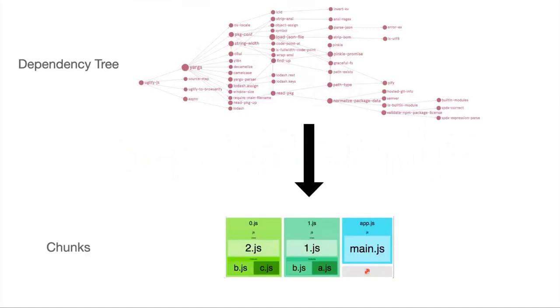So if you have an SPA with multiple pages, it can generate more than one chunk with code splitting. That's why you can have the 0.js or the 1.js. And that's how it works. You can use dynamic imports to do that kind of thing.